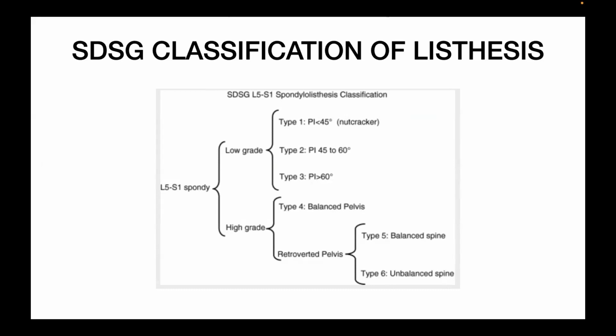In high grade, again they divided into balanced pelvis and a retroverted pelvis. In the retroverted pelvis, they basically divided by balanced spine or unbalanced spine. Usually in low-grade spondylolisthesis, compensatory mechanisms are enough to have a sagittal balance and upright posture. But in high-grade listhesis, the compensatory mechanisms eventually fail and lead to an unbalanced spine.